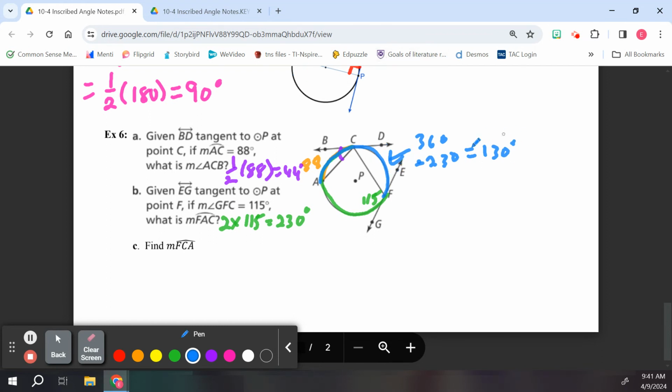And then we're going to take 130 and add the 88, so 130 plus 88, giving us a total of 218 degrees. Questions on this?